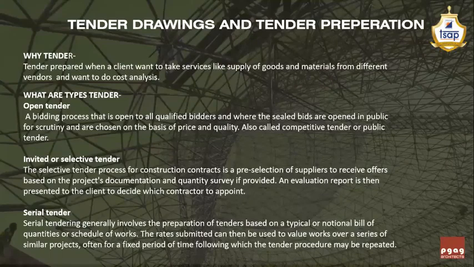So what are the different types of tenders? Tenders are mainly of three types: open tender, invited or selective tender, and serial tender. In open tender, the bidding process is open to all the qualified bidders, and all sealed bids are invited. And then as a designer also, you are part of the scrutiny of comparing the bids to guide the client or to educate the client where the cost proposed by a particular vendor or contractor is more, and why it is more than the average cost.